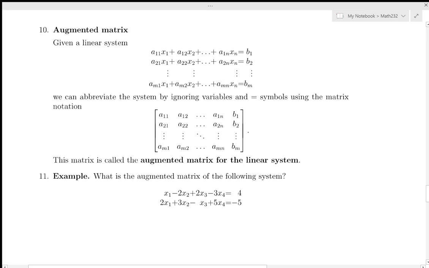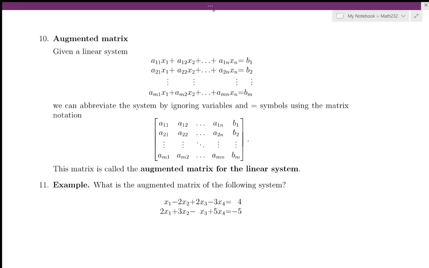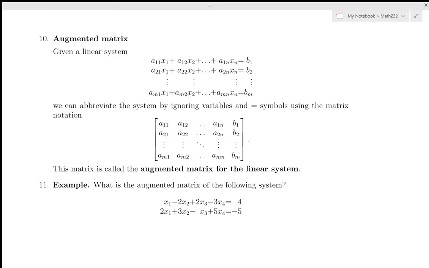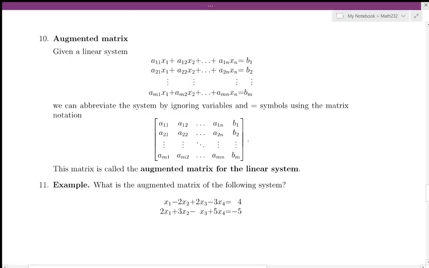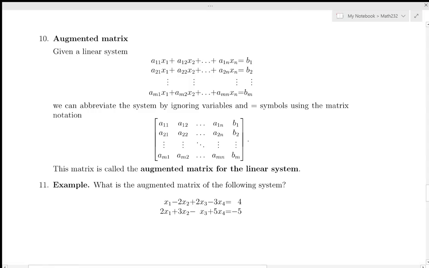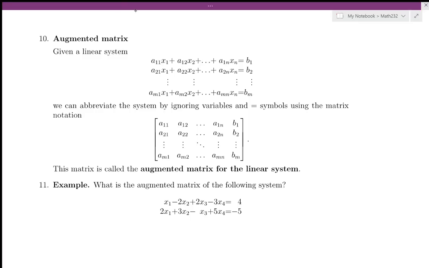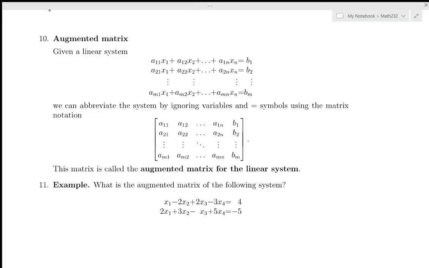Our next thing here is to get a bit of shorthand notation. We're going to use shorthand notation to represent these systems of linear equations using matrices.